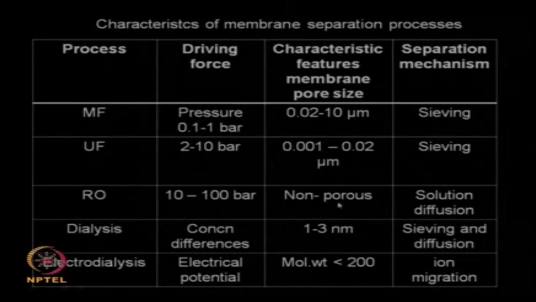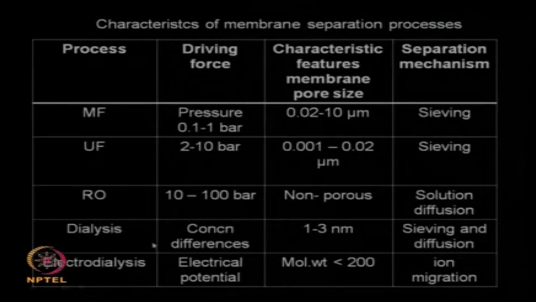Now when you come to reverse osmosis, RO membrane, the pressures are extremely large, we can even have 100 bar pressure here, and there are no pores here because there is an osmotic pressure and then you are applying pressure against the osmotic pressure. So there is a diffusion type of phenomenon taking place, that is how reverse osmosis works.